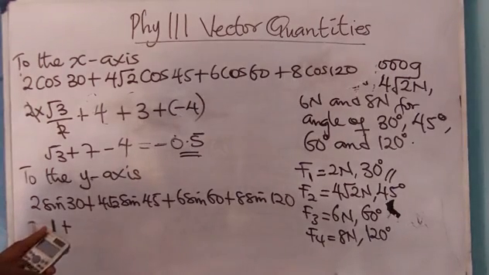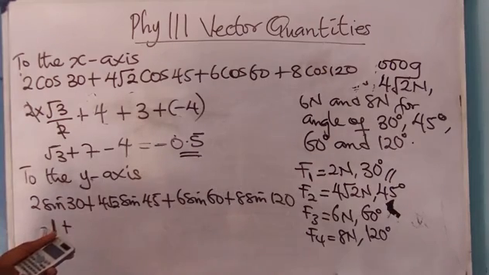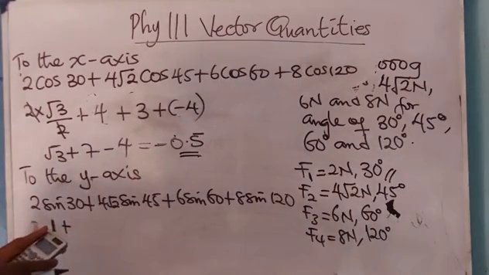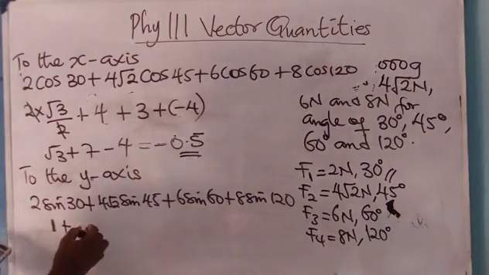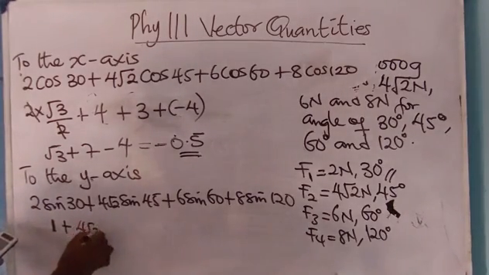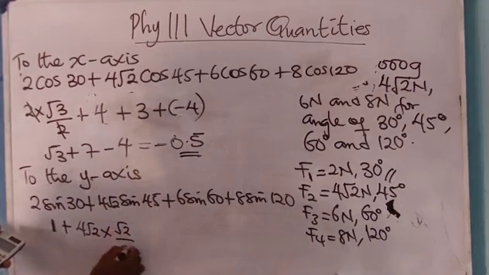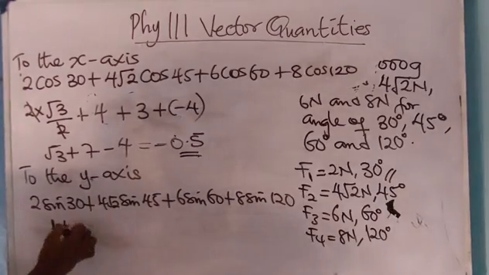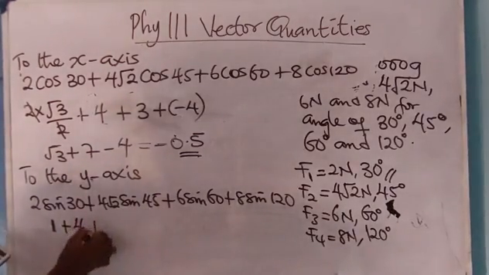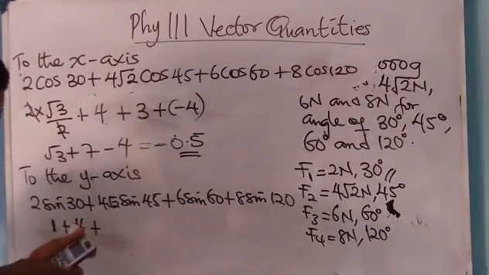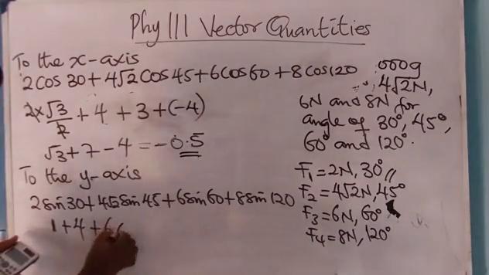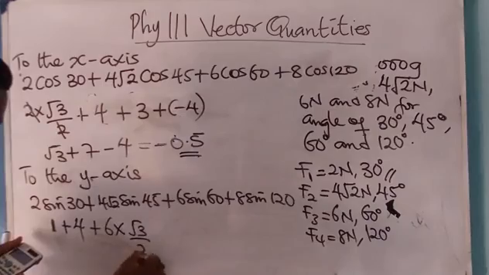4 root 2 times sine 45 equals, I have 4 root 2 times root 2 over 2. So I will have the same thing here, 4, then plus sine 60 equals root 3 over 2, which means 6 times root 3 over 2.